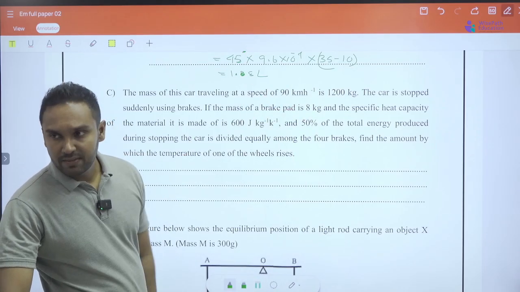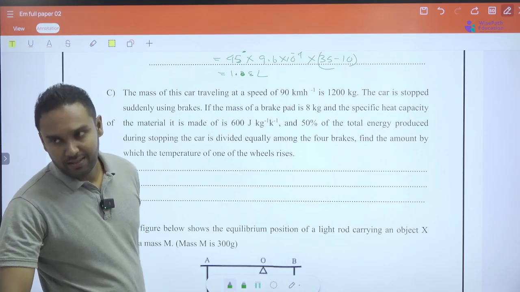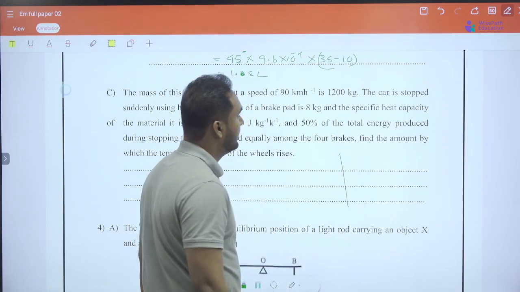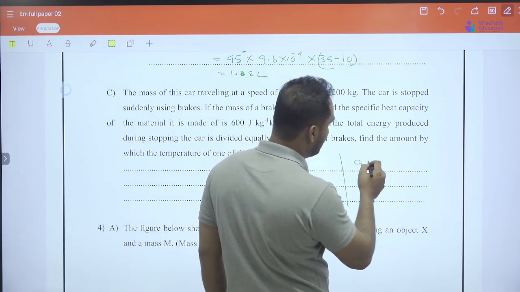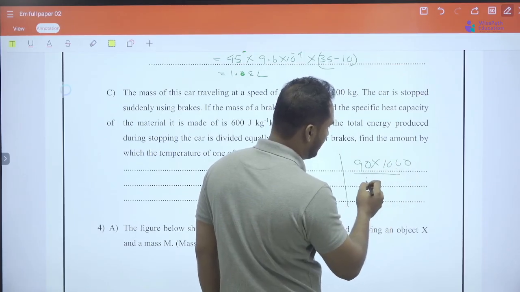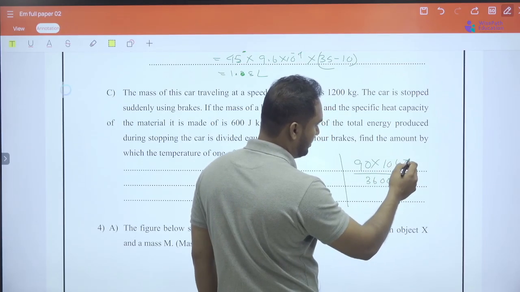Velocity and the mass are given. What is the energy? The kinetic energy, isn't it? So you have to convert 90 kilometers per hour into meters per second first. That is 90 into 1000 divided by 3600. Now divide this.